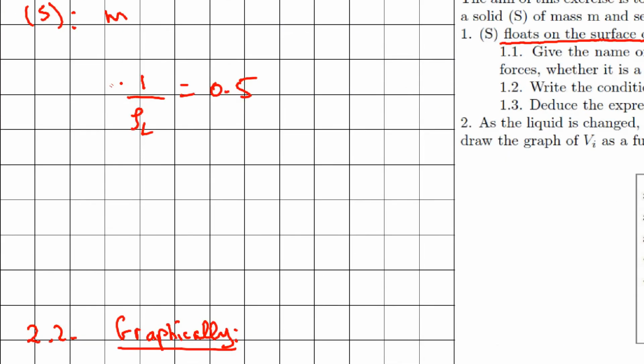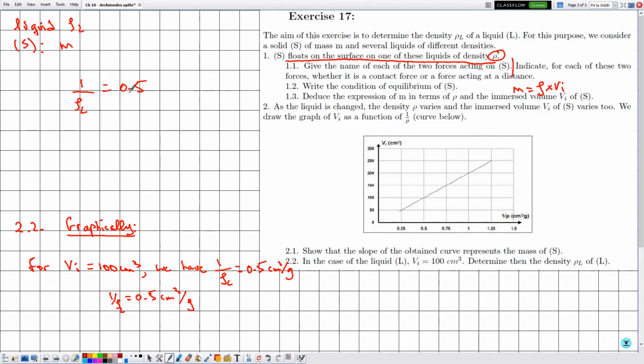How to determine rho L from this equation? This is an equation with one unknown, rho L. We put rho L on one side and all the other numbers on the other side. Here 0.5 is not divided by anything, so it's divided by 1. Now if we cross multiply, we have 1 divided by 0.5 is equal to rho L. Then the value of rho L is 2.